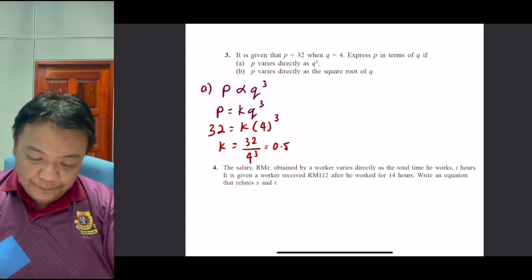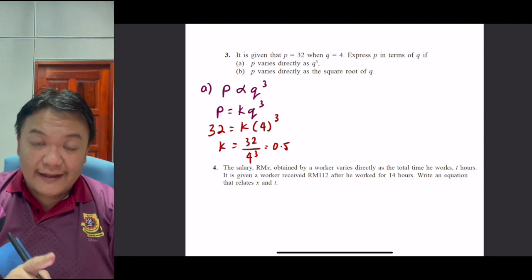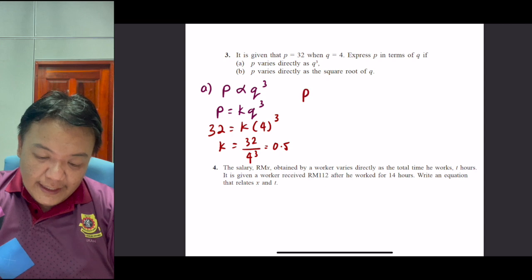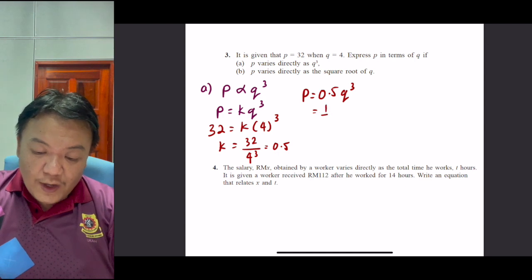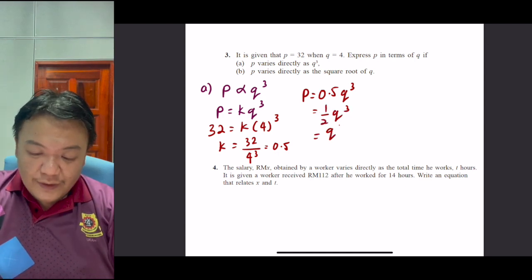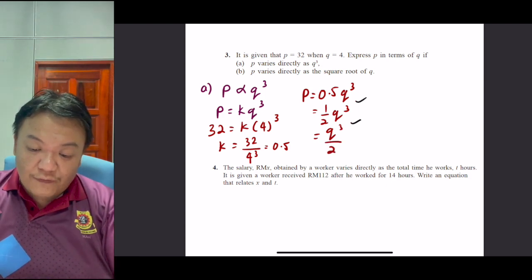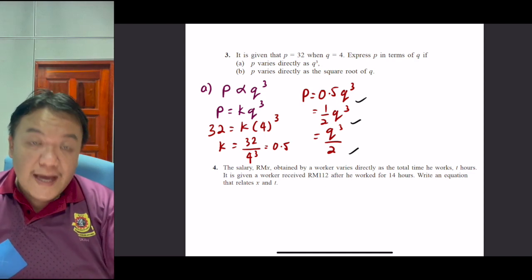Then you substitute back the value of K inside the equation. You will get P is equals to 0.5 Q cube, or 1 over 2 Q cube, or Q cube over 2. There are 3 ways of writing your final answer. So this is basically your answer for A.